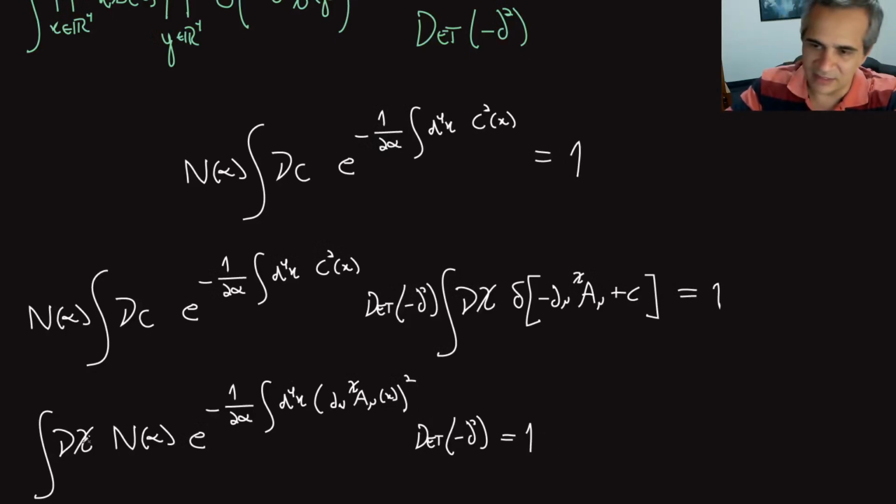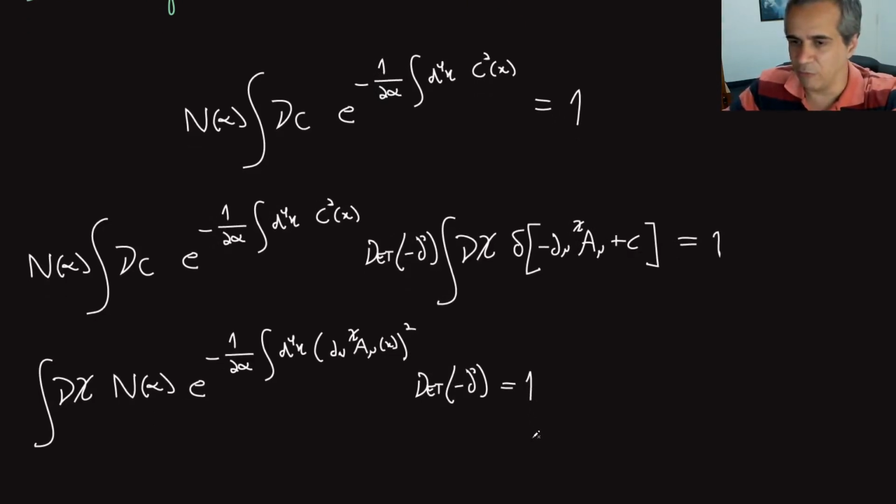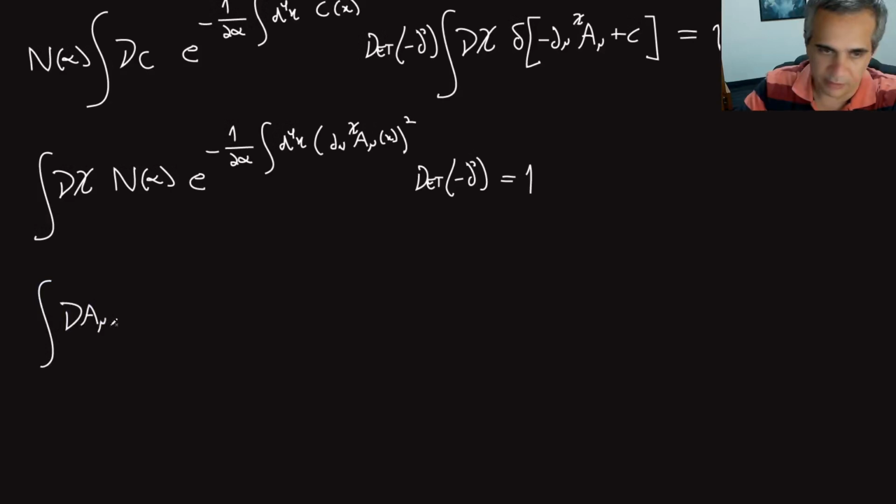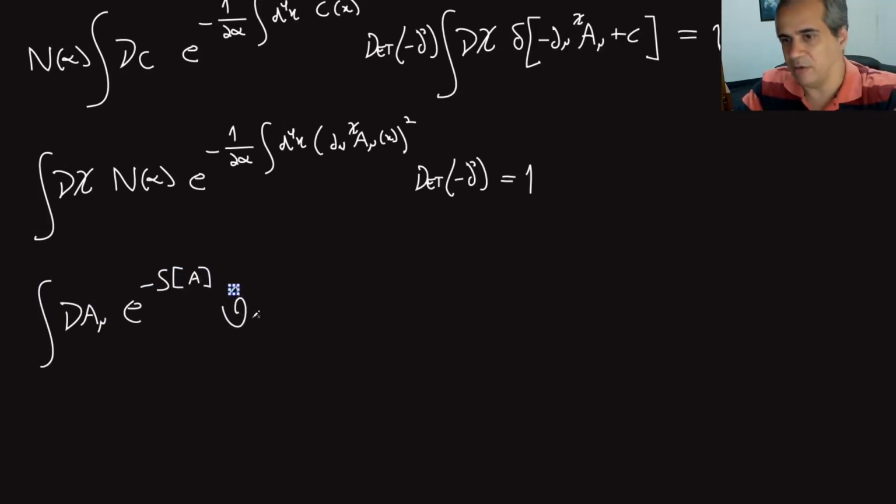Now let's insert this identity inside the path integral for the field A. So let me take any path integral of the exponential of the action of A, and in general I have some operator here, some observable that depends on A. That's basically anything I can calculate in this theory.